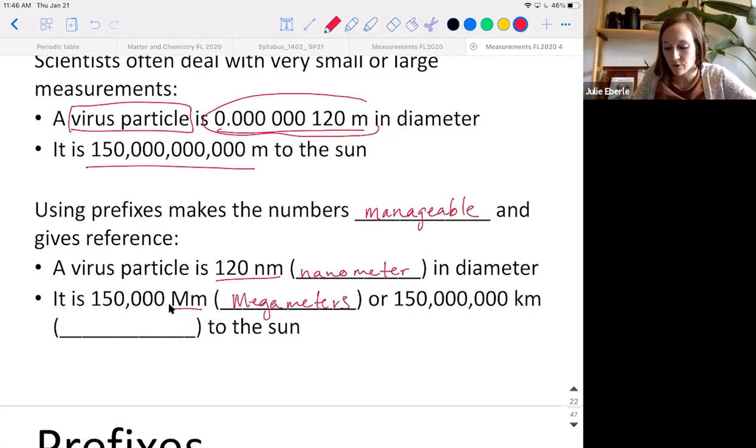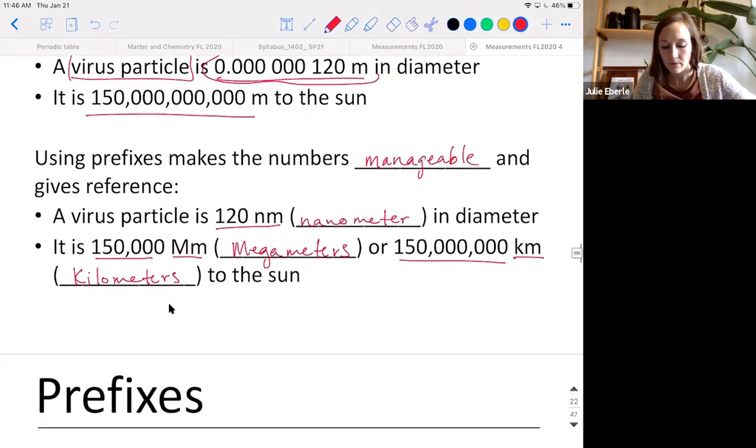Or we could say it's 150 million km. You guys probably are familiar with this. Km is kilometers, or kilometer to the sun, okay? And these numbers, 120, 150,000, 150 million, are more manageable, right, than those initial numbers.